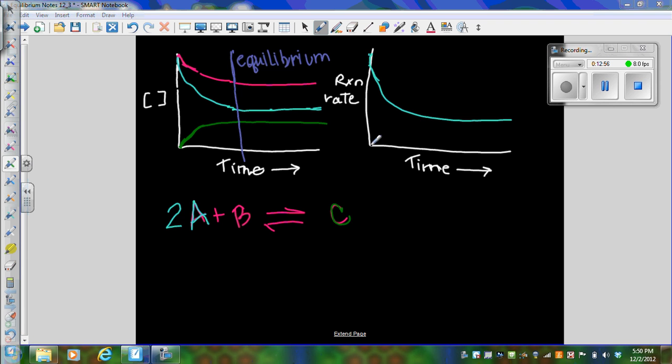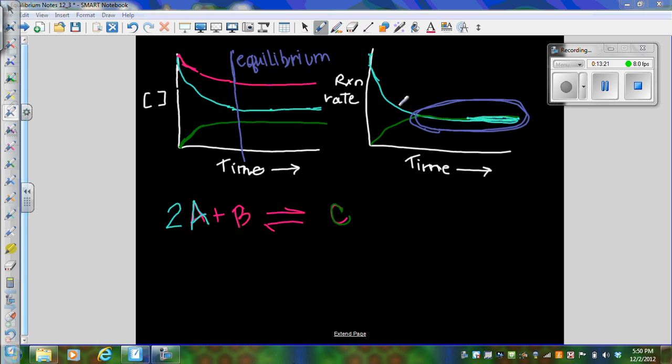C is a product that's going to be increasing over time. And let's just look at A and C. So if you look at this right here, you notice that these rates are equal, or would be equal if I could draw a straight line, because really this green and this blue should be the same.